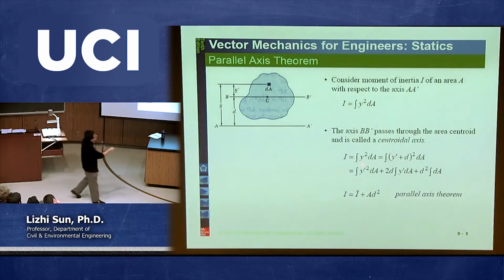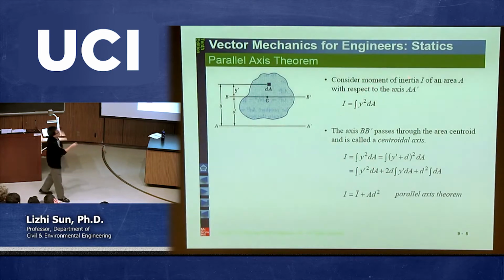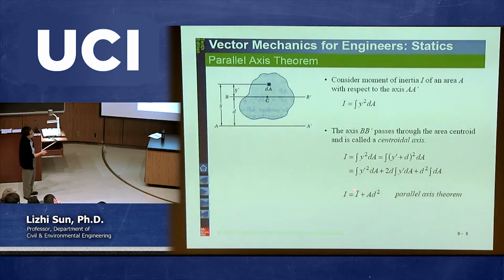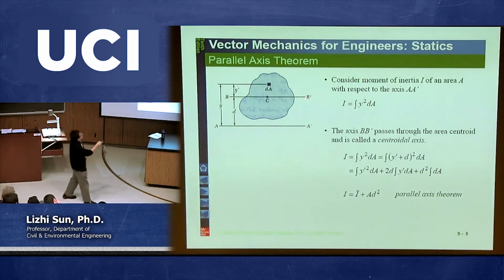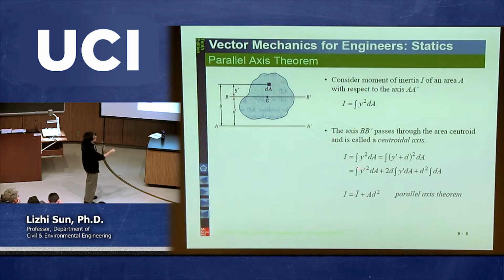So the first part is y prime squared. So what is y prime squared? From the definition of moment of inertia, that is the moment of inertia with respect to the B prime axis. Okay? Because if I'm asking you what is the moment of inertia with respect to B prime, then obviously you are looking at this distance and then squaring it and then doing the integration.